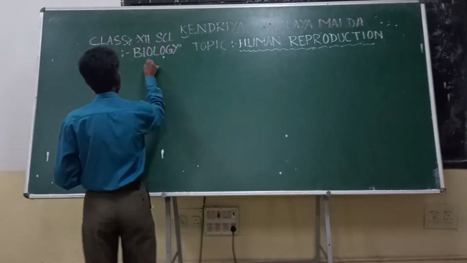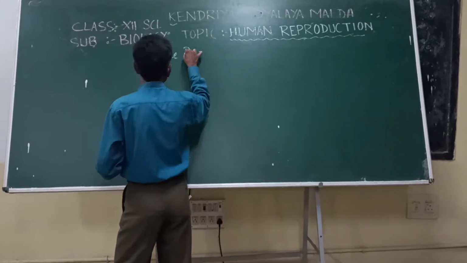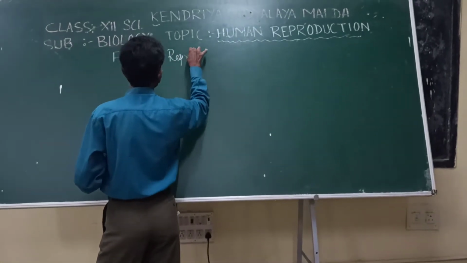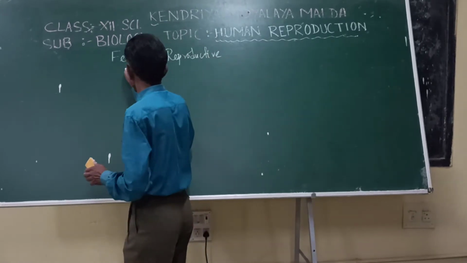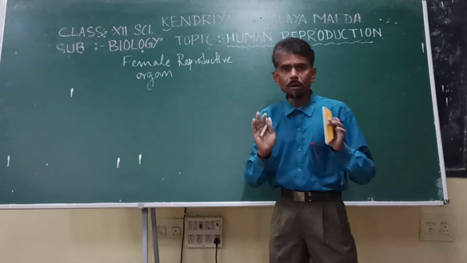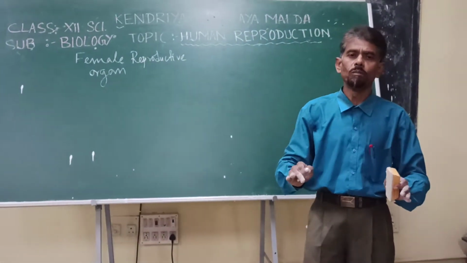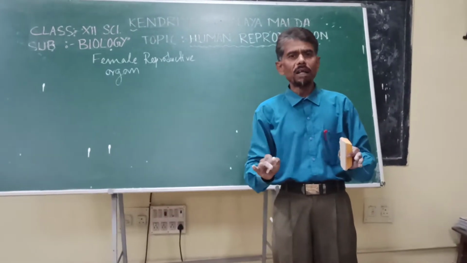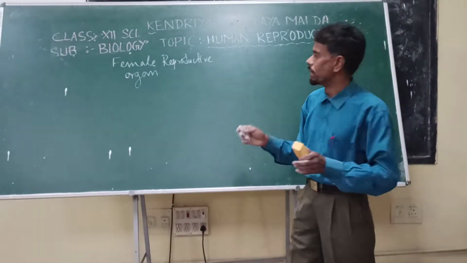Female reproductive organ. Like male, in case of human, female also, the primary reproductive organ is a pair of ovary.